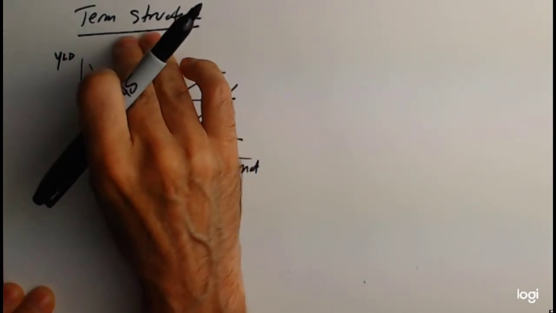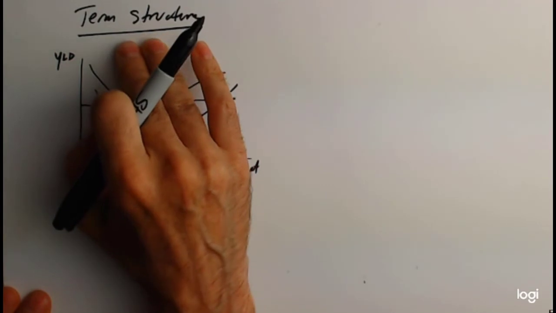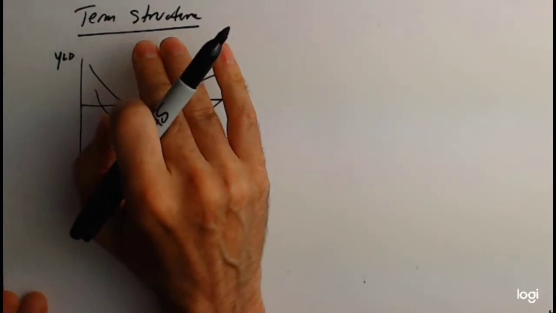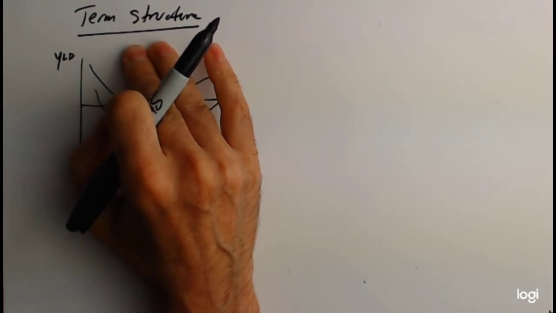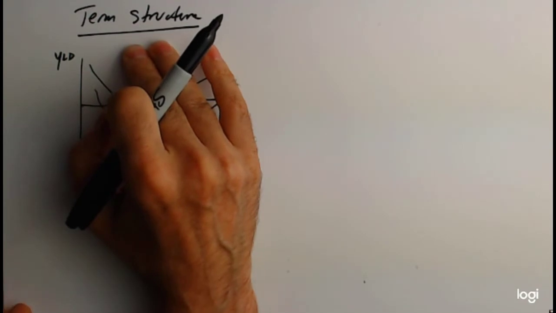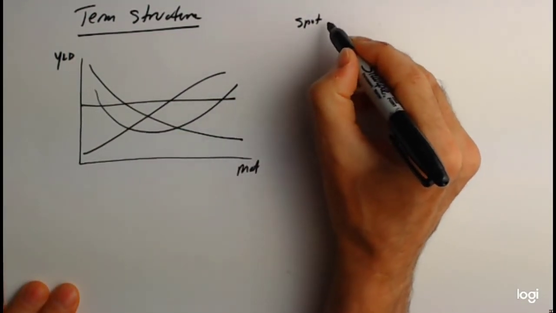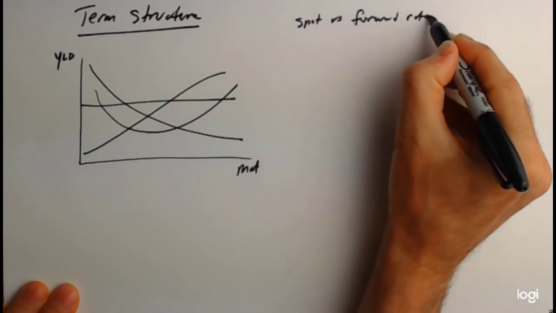Well, that's called term structure. And there are several models to help explain that. We're going to focus on the expectations hypothesis, because it is most relevant for what we're trying to analyze here. So before we go into term structure, we need to differentiate between spot versus forward interest rates.